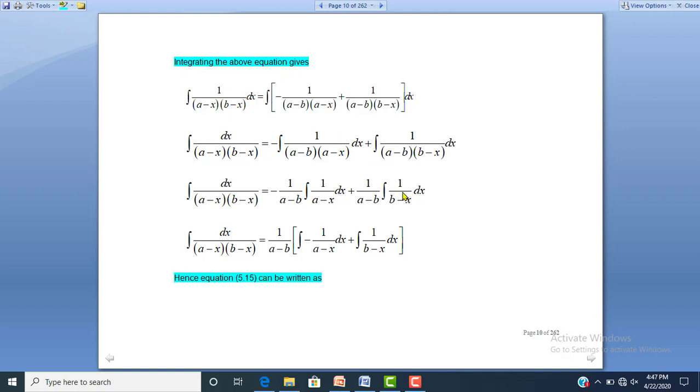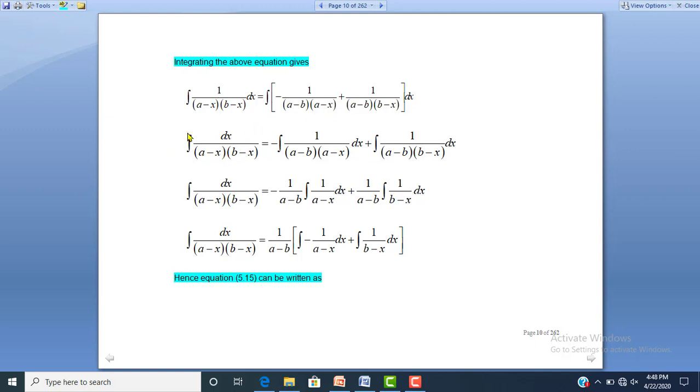So when this equation was integrated, the sign of integration 1 over A minus B into B minus X into dx is equal to the integration of minus 1 over A minus B into A minus X plus 1 over A minus B into B minus X into dx. Now we will apply the integration rule of summation.